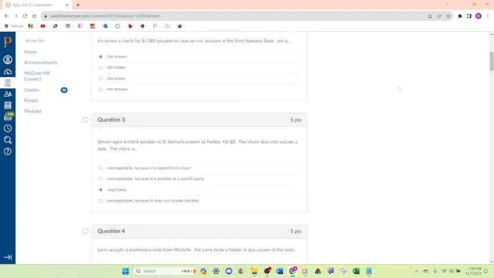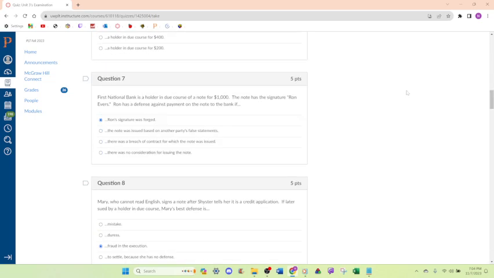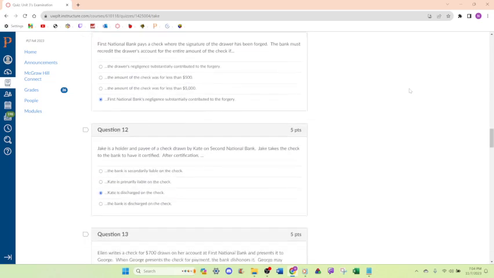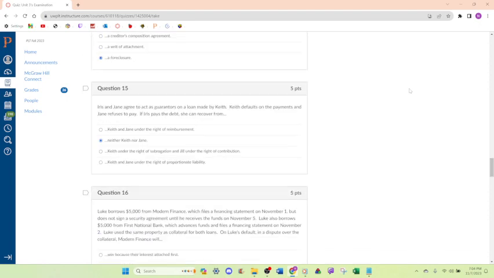There is no possible way that Keith would be liable here, because Keith defaults on payments. Proportionate liability. What if maybe it is Keith and Jane? So Iris paid the debt, but she agreed to be a guarantor. Therefore, she shouldn't have to recover it from Keith.